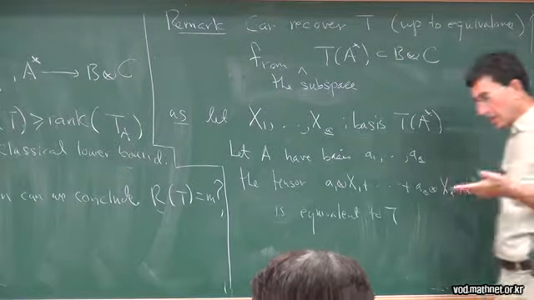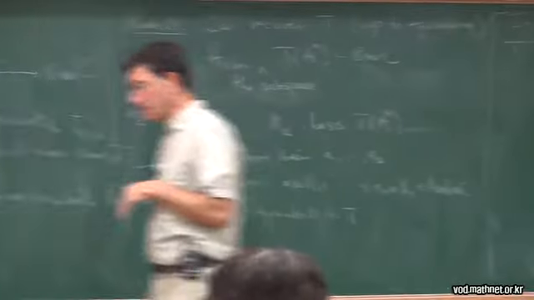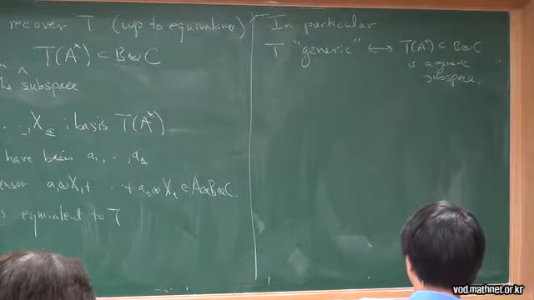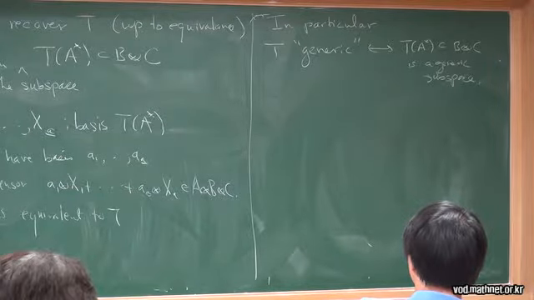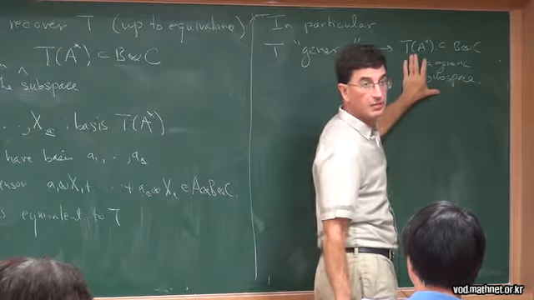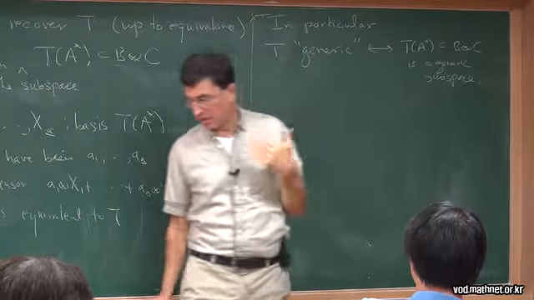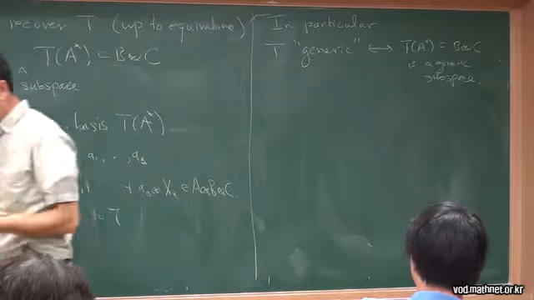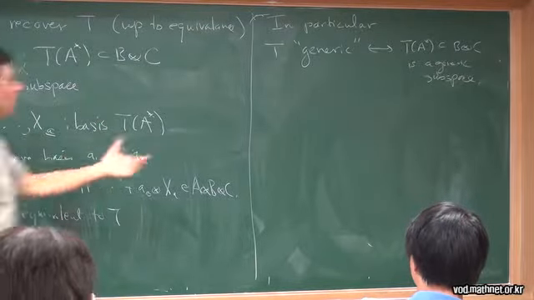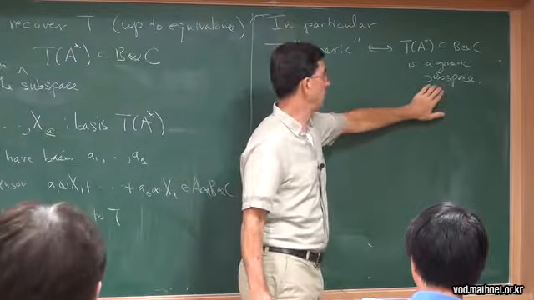So we can study the pathologies of our tensor T. In particular, we can study when it has low border rank by studying some corresponding pathologies on this side. And the main perspective of this lecture will be to work on this side over here.